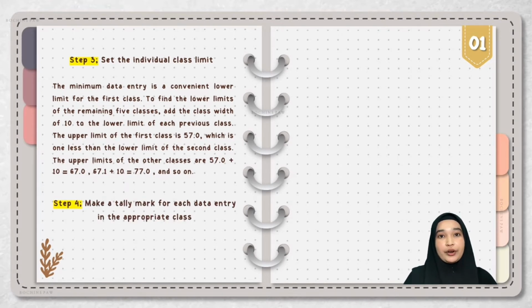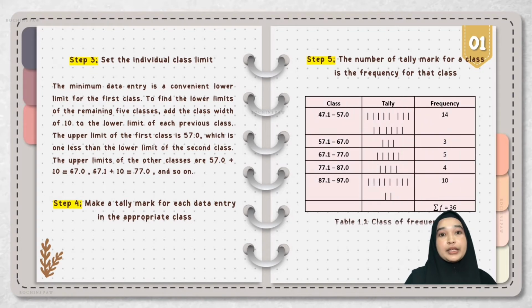Next, step 4. We need to make a tally mark for each data entry in the appropriate class. The last step is step 5. The number of tally marks of a class is the frequency for the class.